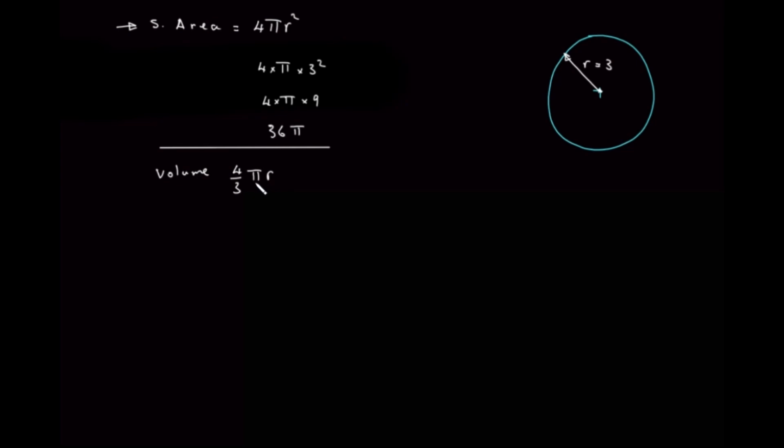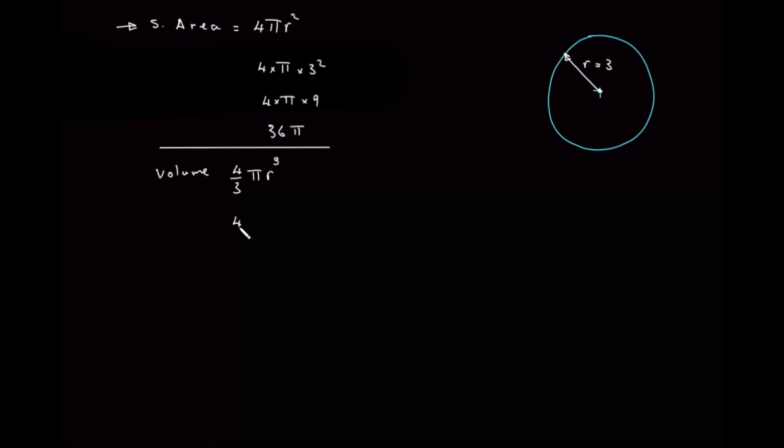Notice the structure here is the same as the structure there. So this time it is cubed. 3-dimensional, 2-dimensional. Just remember that one is squared and this one is cubed. Alright, so pump in the numbers.